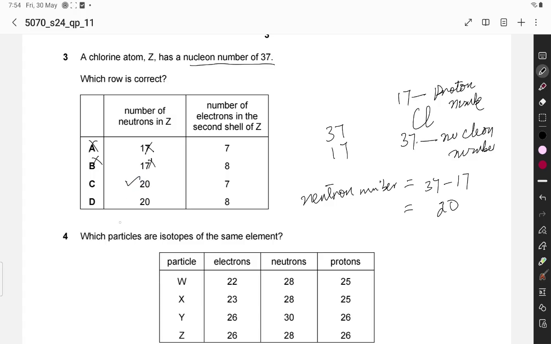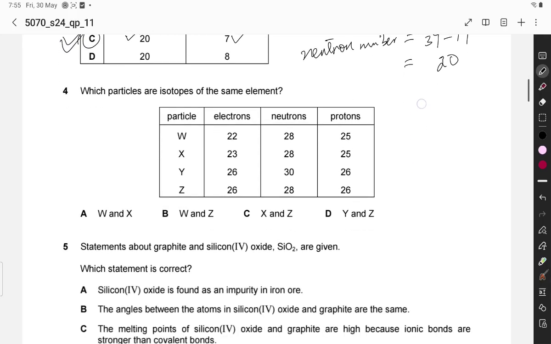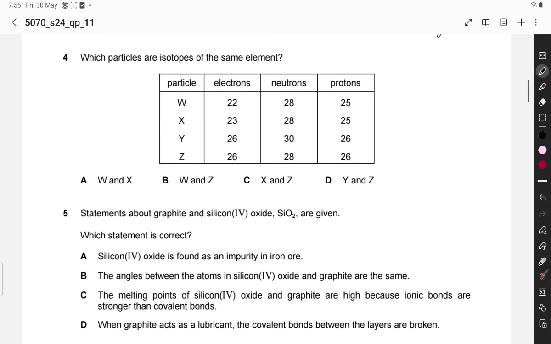So this is correct. Number of electrons in the second shell of Z. In the second shell of Z with atomic number 17, the electronic configuration is: first shell has 2 electrons, second shell has 8, and third shell has 7 because it is present in group 7. So C is the correct option. Which particles are isotopes of the same element?